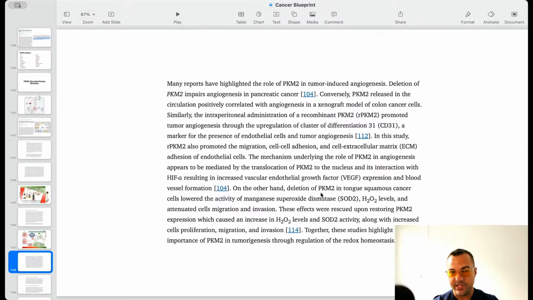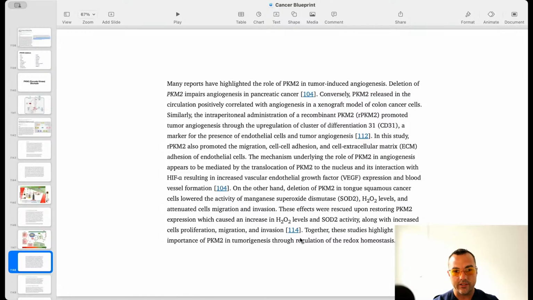On the other hand, deletion of PKM2 in tongue squamous cell cancer cells lowered the activity of manganese superoxide dismutase, hydrogen peroxide levels, and attenuated cell migration and invasion. These cells were rescued by restoring PKM2 expression, which caused the increase of hydrogen peroxide and superoxide dismutase activity, along with increased cell proliferation, migration, invasion.